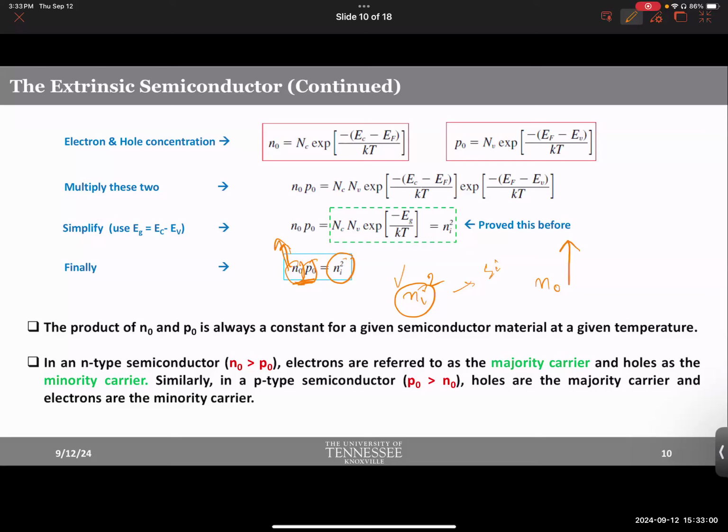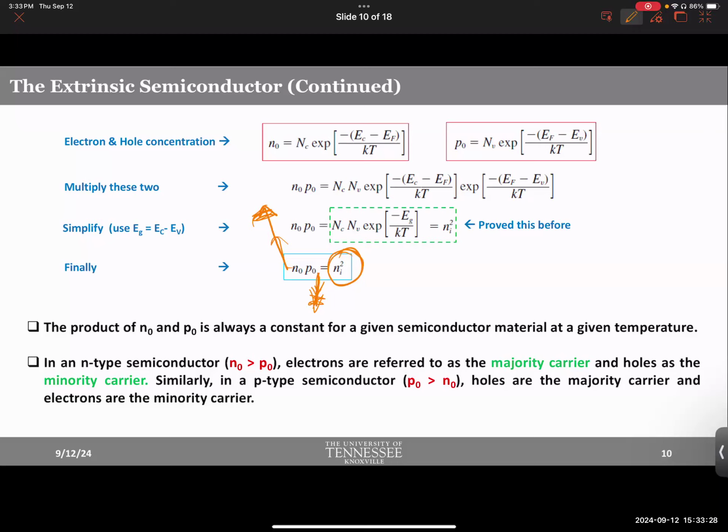So silicon has a given Ni which will not change. So you cannot go beyond that. All right. So if you increase N0, you have to adjust P0. Obviously, it has to go down to maintain the same Ni. So if you create more electrons, the total number of holes in the system will have to be adjusted accordingly to maintain the same Ni.